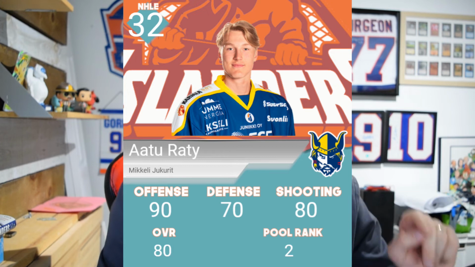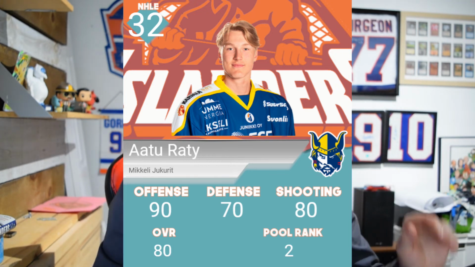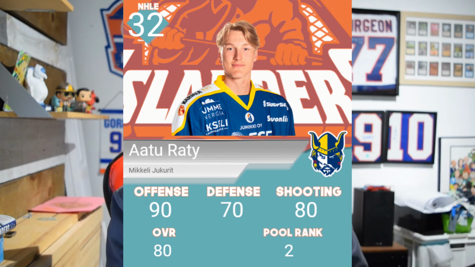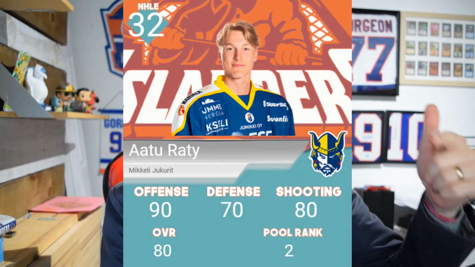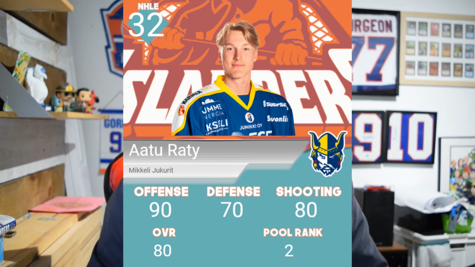Awesome. 70 defense, even better. Shooting, 80. Oh my God. Overall, though, only an 80. And you're going, well, that seems kind of low compared to where William Zufull was. Yeah, but again, pool rank, number two, and an NHL 32 makes you think that, okay, yes, it's an 80, but this kid is seriously better than what that number shows you.